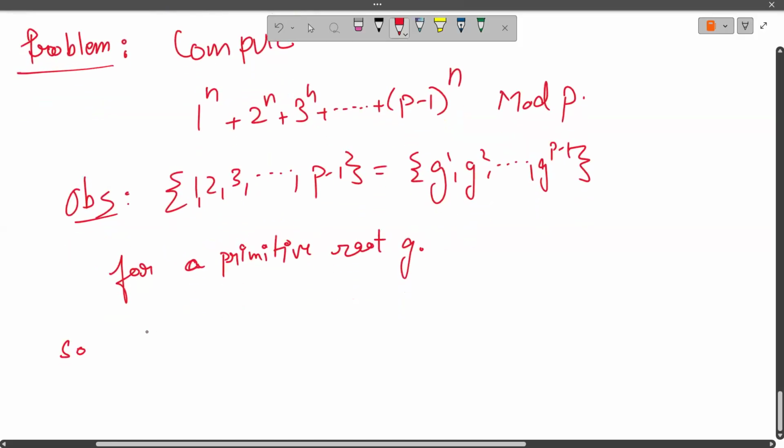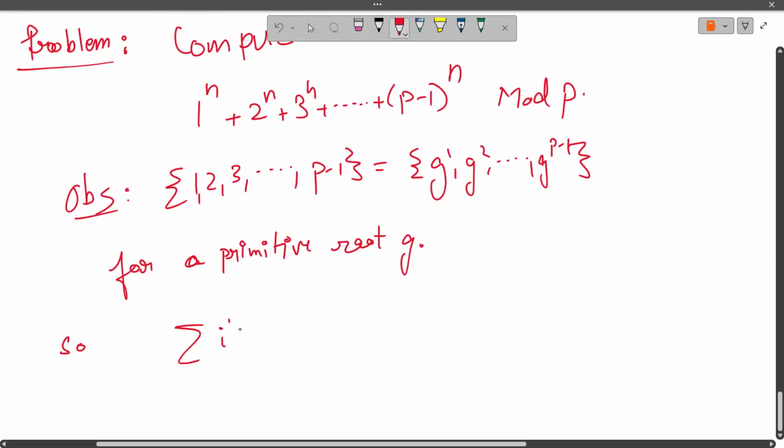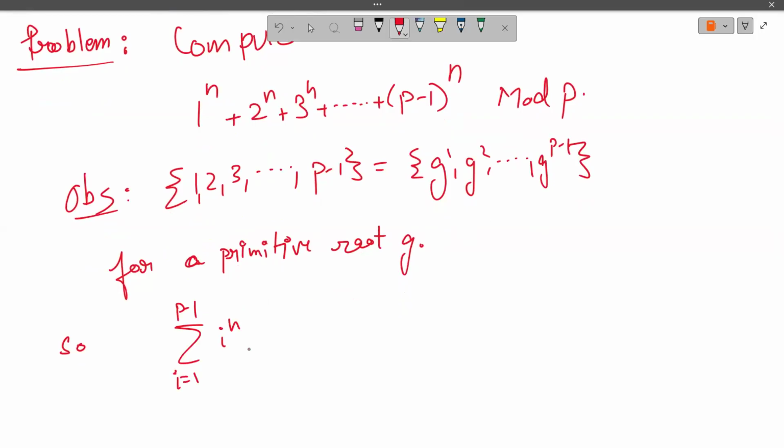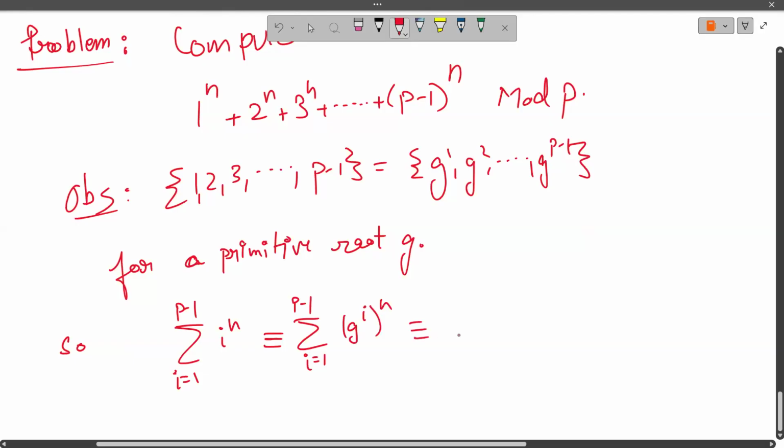So summation i raised to the power n, i equals 1 to p minus 1. Also, everyone is comfortable with the summation notation, right? Yeah. Which is the same as summation of g raised to the power i, raised to the power n, which also turns out to be congruent to, okay, this is math.